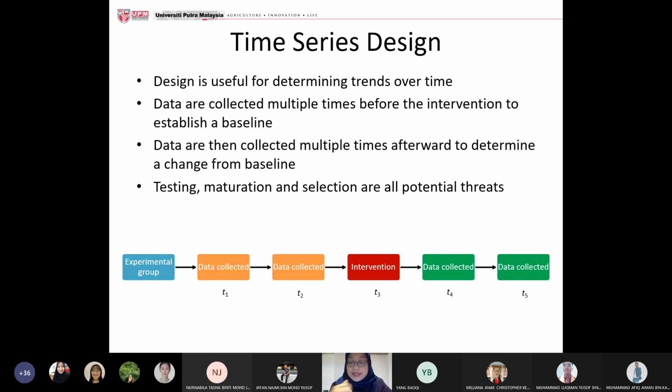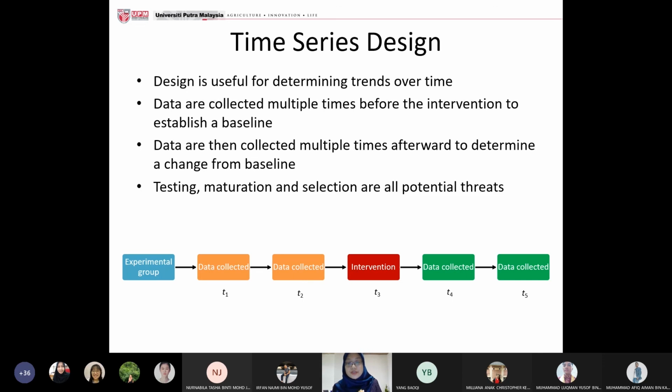Okay, and this is, when we were, 2 weeks ago, I shared something about this. When you do a study over a period of time and you actively collect the data.